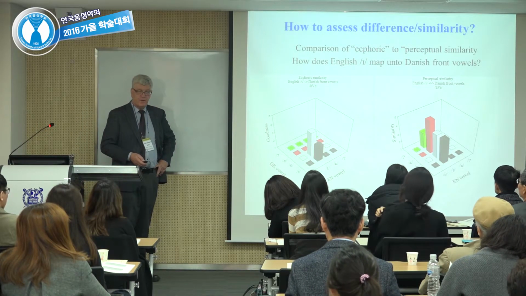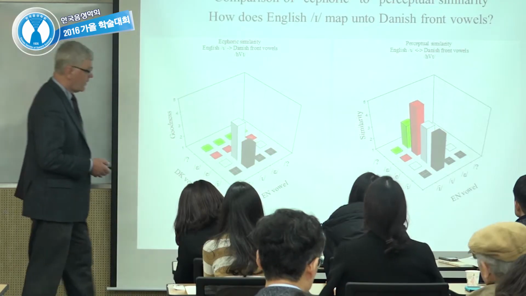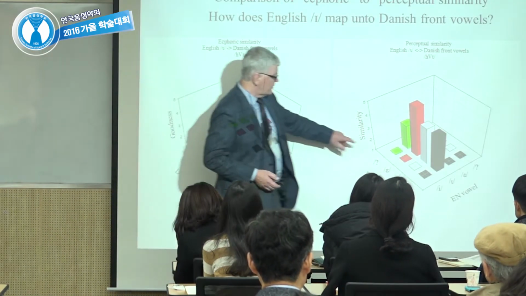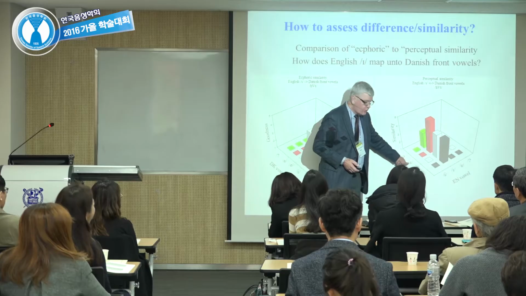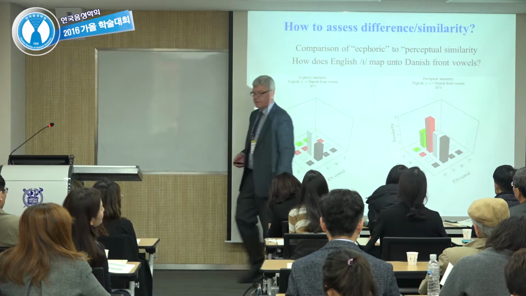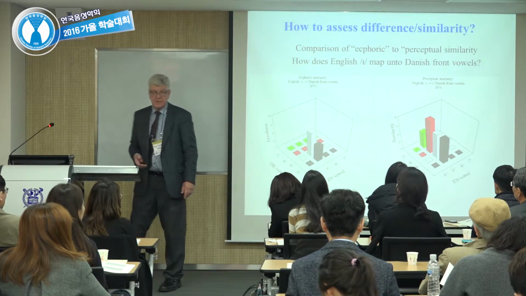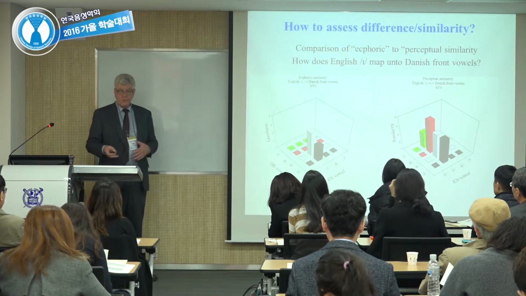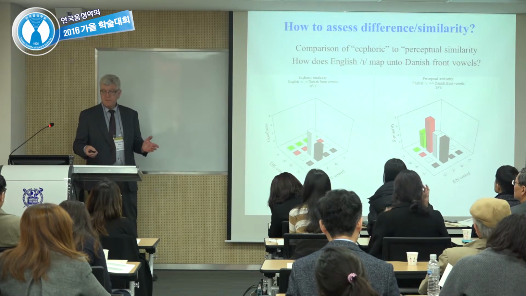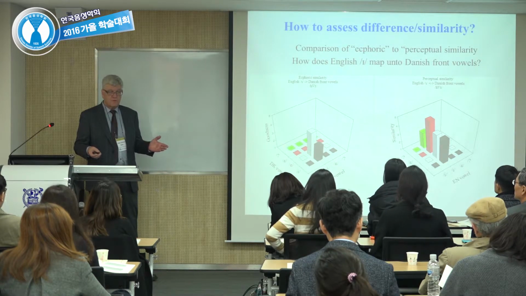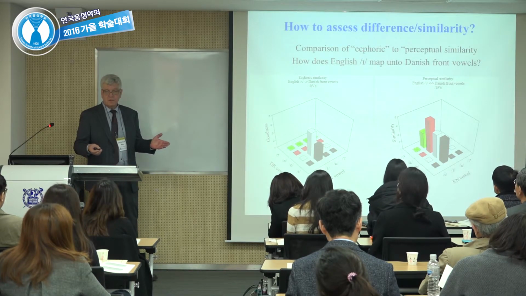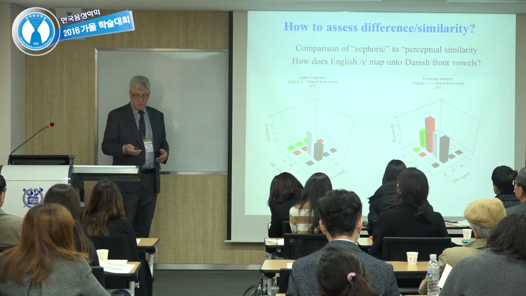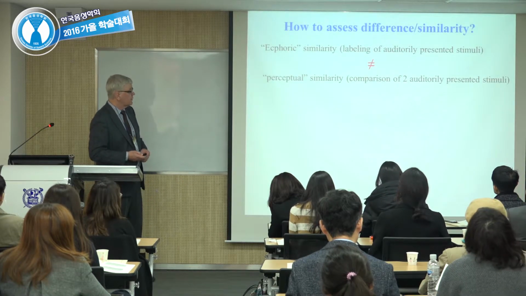It's a different vowel that is the preferred vowel, because the similarity rating is highest for the 3rd highest Danish vowel. So we get different results depending on whether we do perceptual similarity or ekphoric similarity. So which of these should we use? Which of these is a true measure of, well, similarity between 2 languages? Right?